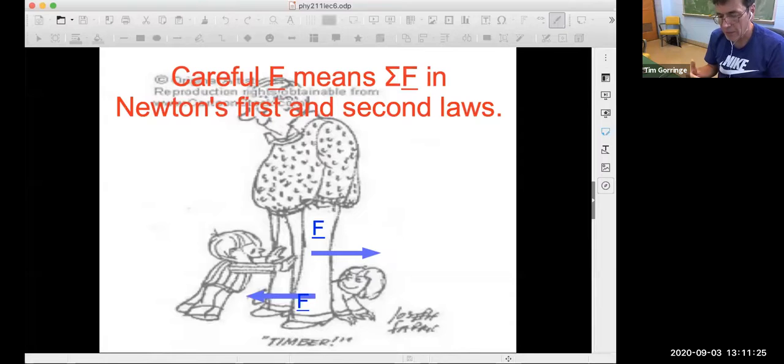It's not a particular individual force. So you often will see this, faced with a situation where you have a collection of forces acting, and you have to add those forces up to determine the acceleration or determine the absence of acceleration. And so in this little example here, this is me, my kids were younger. What causes me to fall over is the net force that's exerted by these two pushes and pulls that are acting on me.